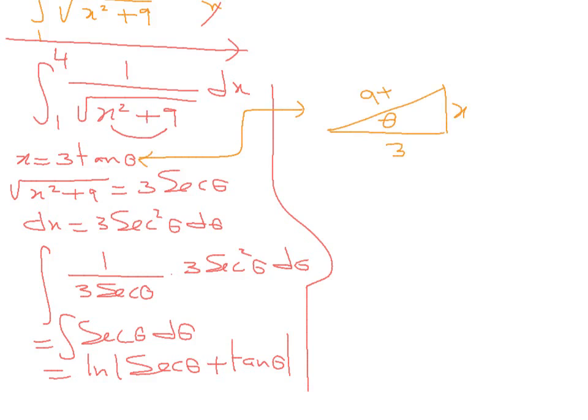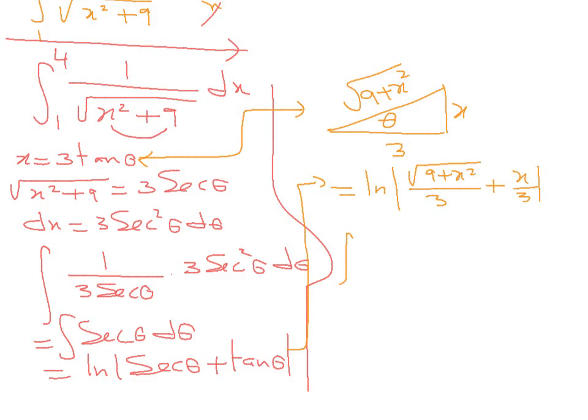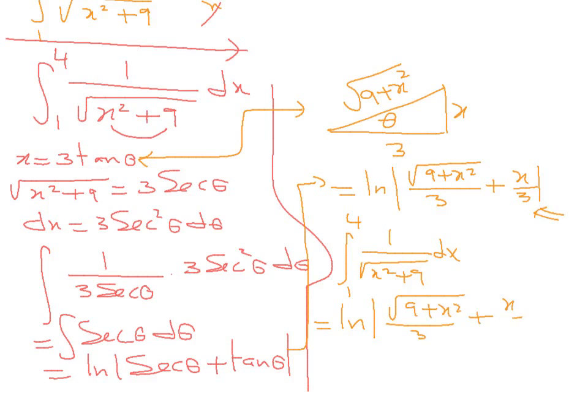So the hypotenuse is the square root of 9 plus x squared. We can now write this as ln of secant theta, which is the root of 9 plus x squared divided by 3, plus tan theta, which is x over 3. So the definite integration from 1 to 4 of 1 divided by the root of x squared plus 9 dx is equal to ln of the root of 9 plus x squared divided by 3, plus x divided by 3, from 1 to 4.